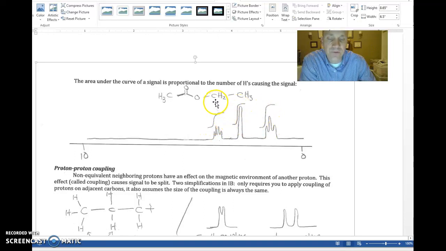That comes from the fact that this signal is caused by these 2 hydrogens, this signal right here is caused by these, and this signal right here is caused by these 3. In just a second we'll get into why you have the different types of splittings, but for now just focus on the relative heights and notice how that corresponds to the number of hydrogens that cause them.